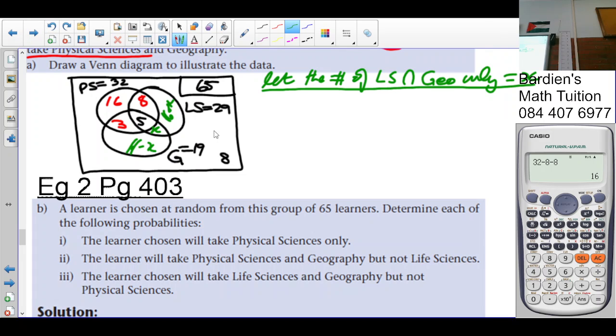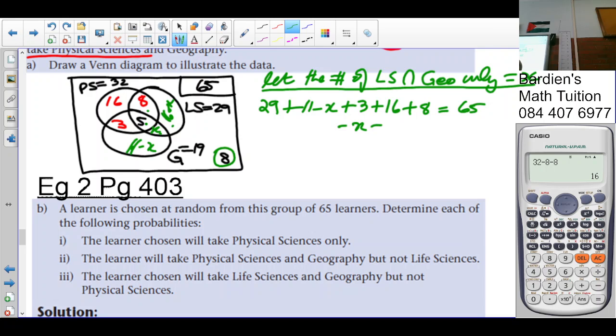Does it make sense? But if you want to write those numbers out, no problem. You'll still get the same answer. So this will be 29, that is already accounted for, plus 11 minus x, plus 3, plus 16, plus 8, which is this 8 on the outside, is equal to 65. Did you see that?